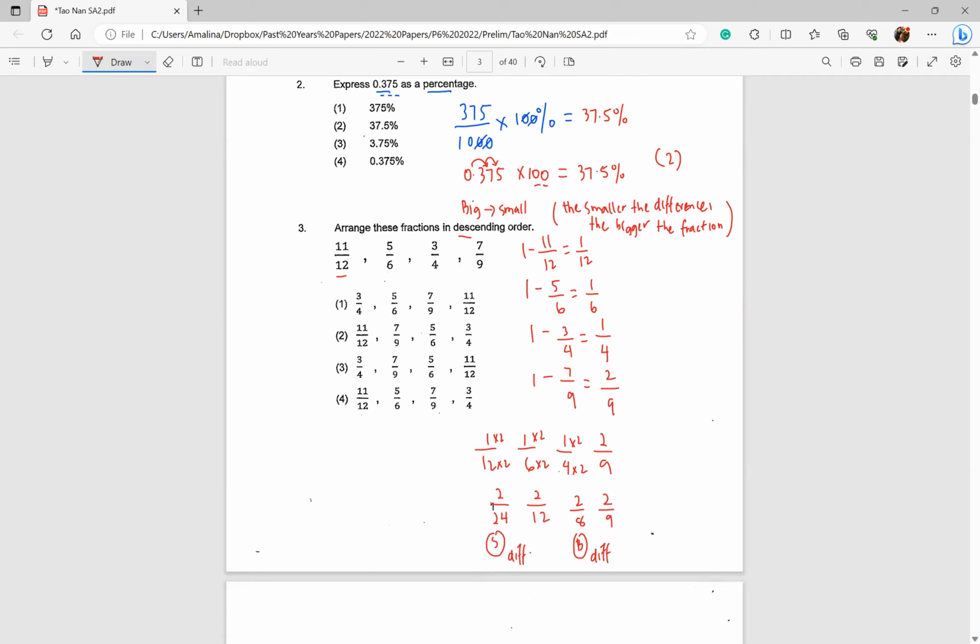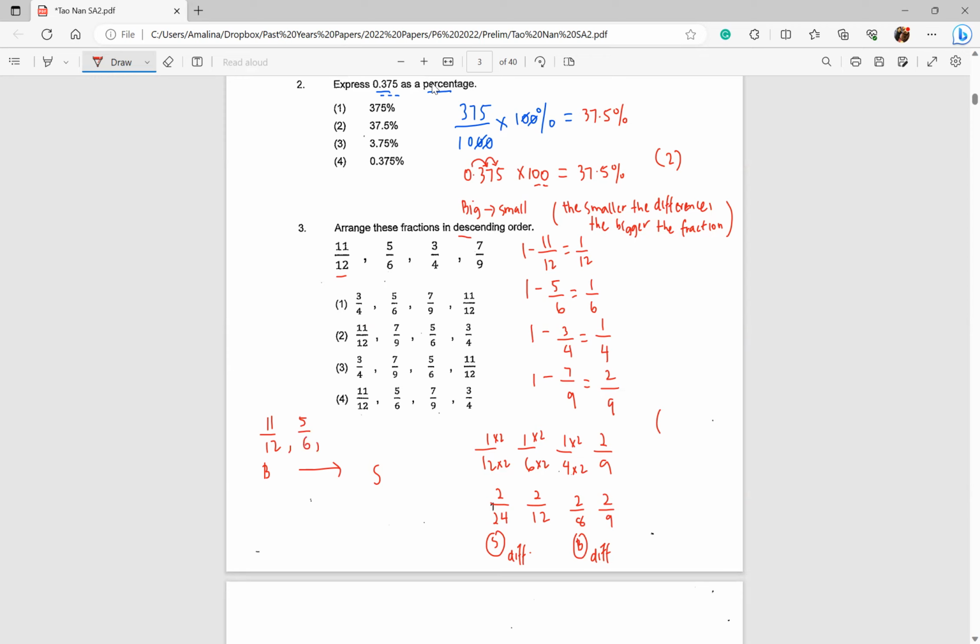So the biggest fraction will be 11 over 12. From big to small, 11 over 12 comes first. Then the next one will be 2 over 12, which means my fraction is 5 over 6.